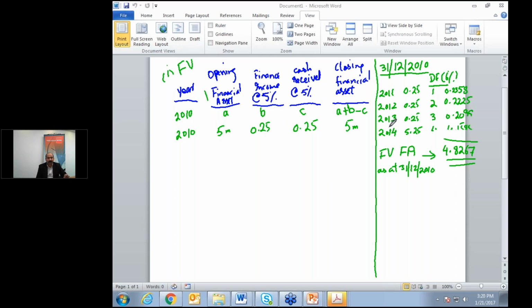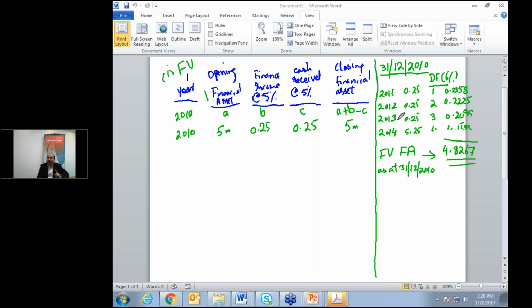If you just recall, this is the same as we learned in case of financial liability. There we learned how to calculate the fair value of a financial liability. The same way, you just need to write down the cash flows related to that financial liability from the date when you want to measure its fair value.